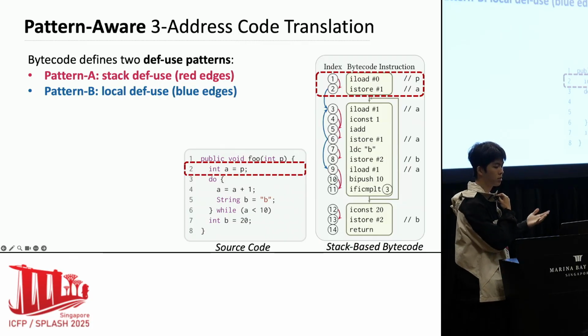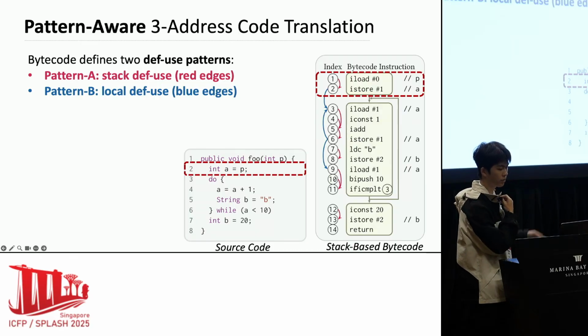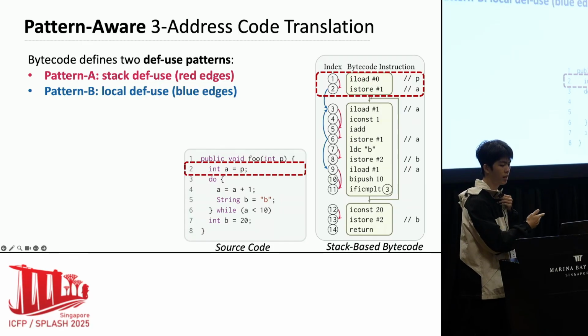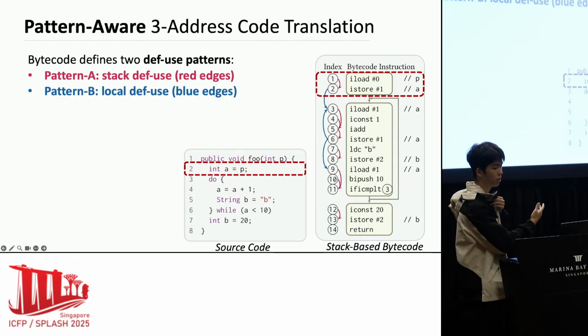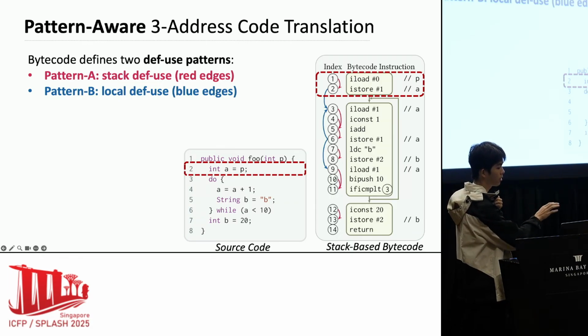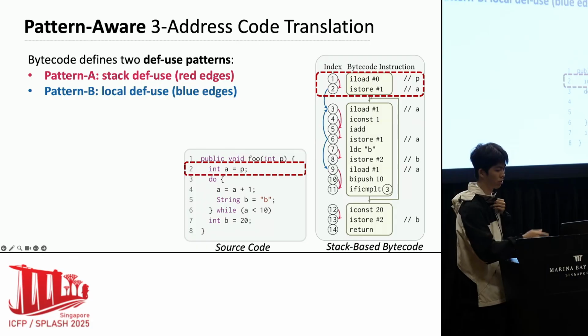This line compiles into two bytecode instructions, I0 and I1, where 0 and 1 represent the slots storing variables p and a. This instruction means that the value is loaded from slot 0 and pushed onto the stack, and then popped from the stack to store into slot 1. This is the stack-defined use.